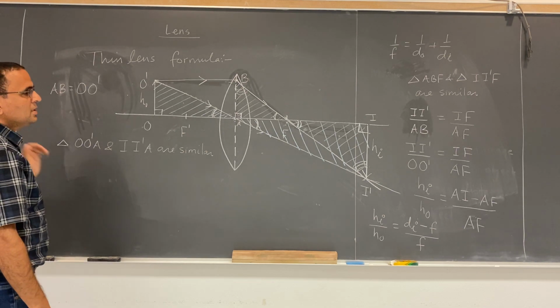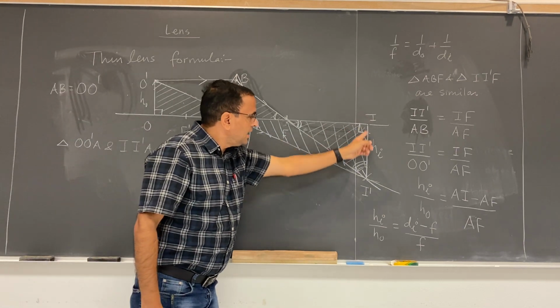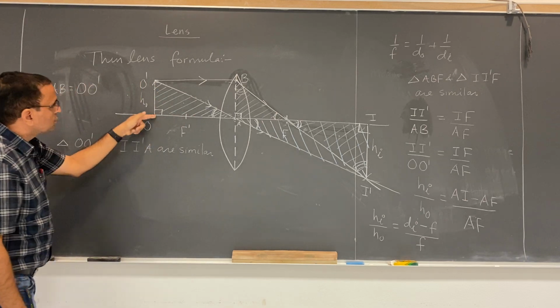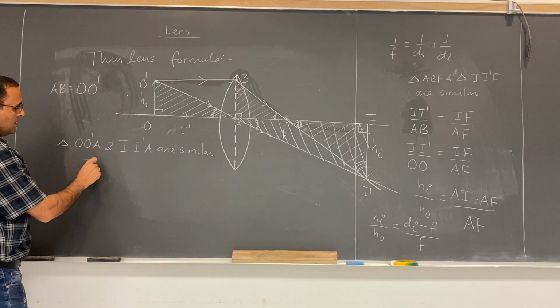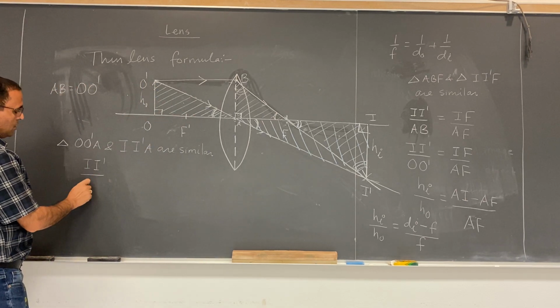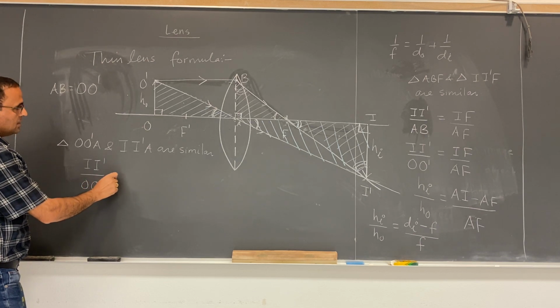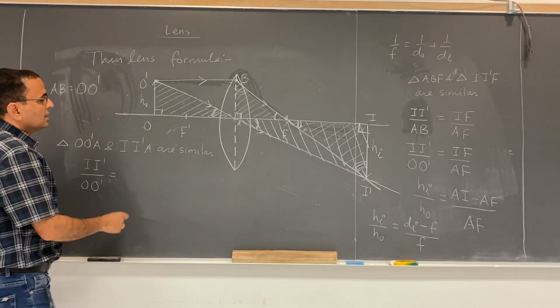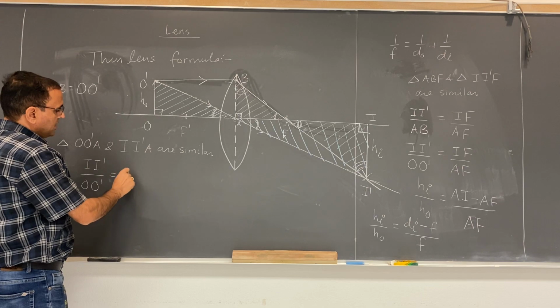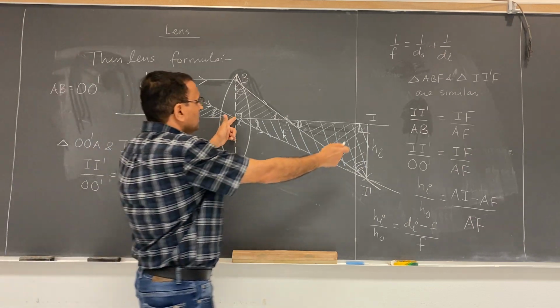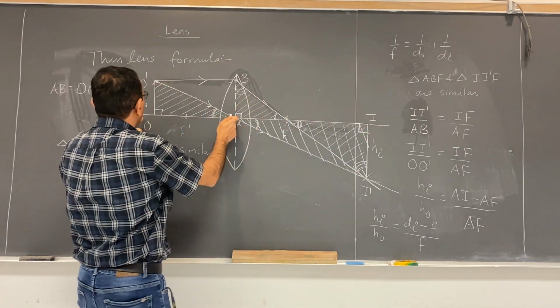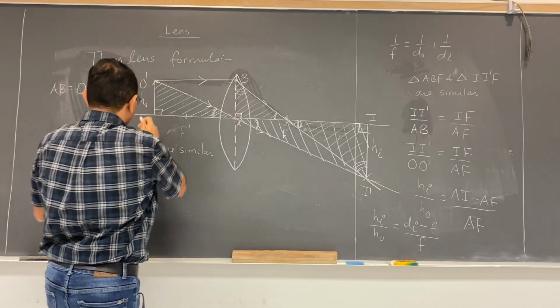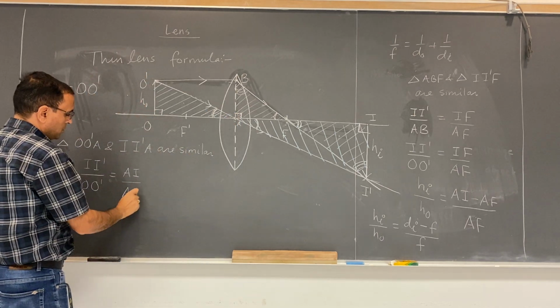Then if they are similar triangles, you can write down HI over HO. You can write down like this, I prime divided by O prime is equal to AI divided by AO.